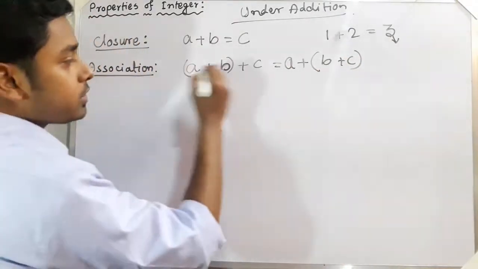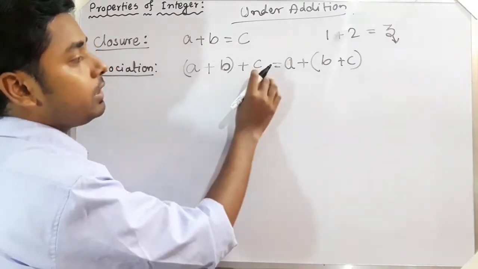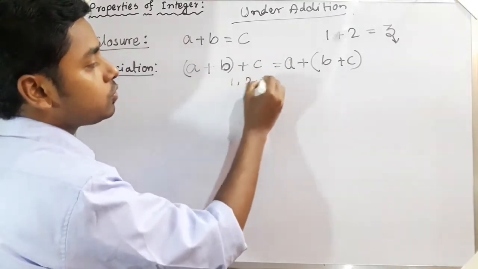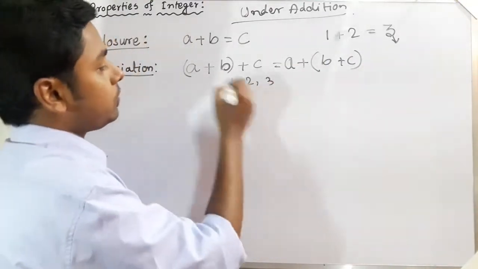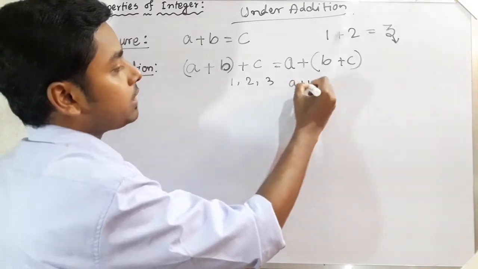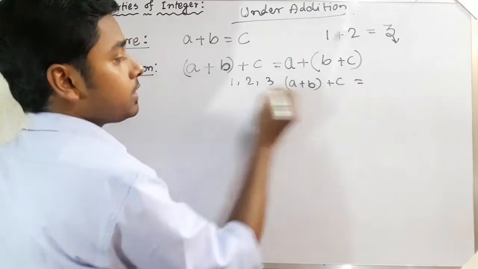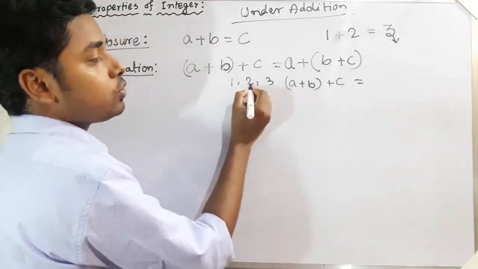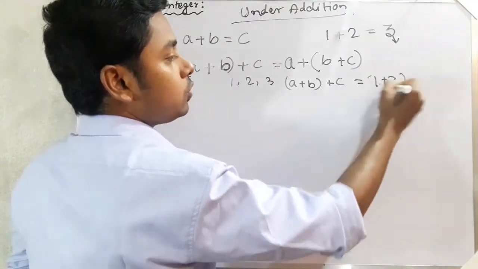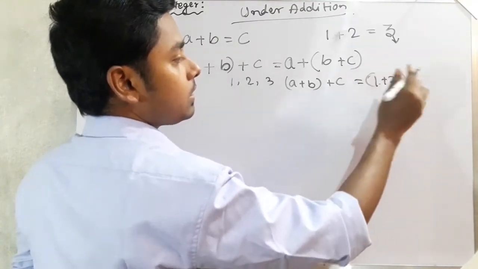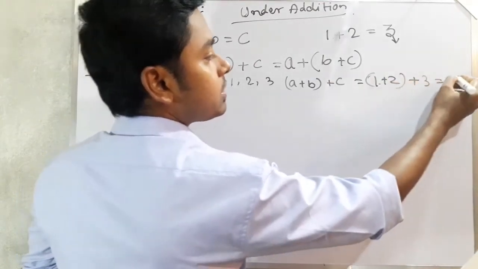Suppose I take an example with three integers: 1, 2, 3. You can take any integers here, no problem. First we find A plus B plus C, where A is equal to 1, B is equal to 2, C is equal to 3. So 1 plus 2 plus 3 is equal to 3 plus 3, that means 6.